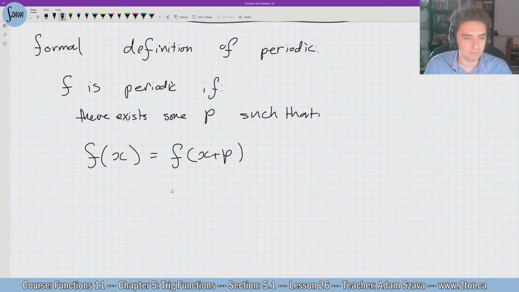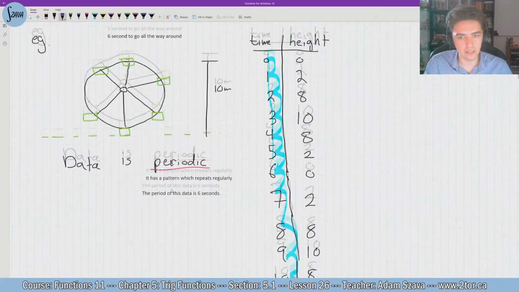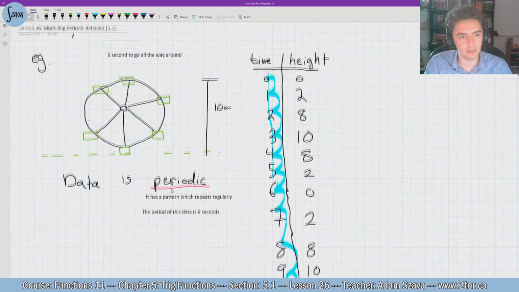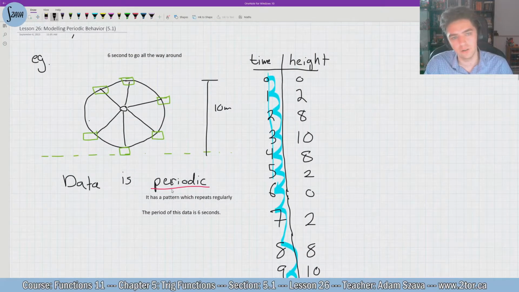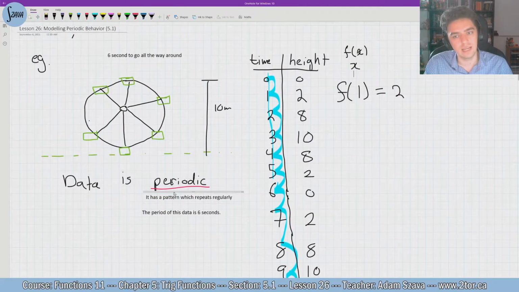the same thing. For example, in our question up here with the Ferris wheel, right? If this was a function, then let's say f of 1 equals 2. So if f of x is the height and x is the time, f of 1 equals 2. What about f of 7? That's also 2, right?